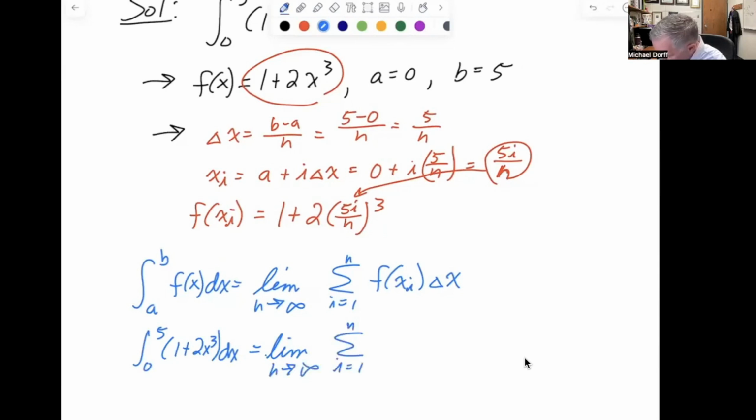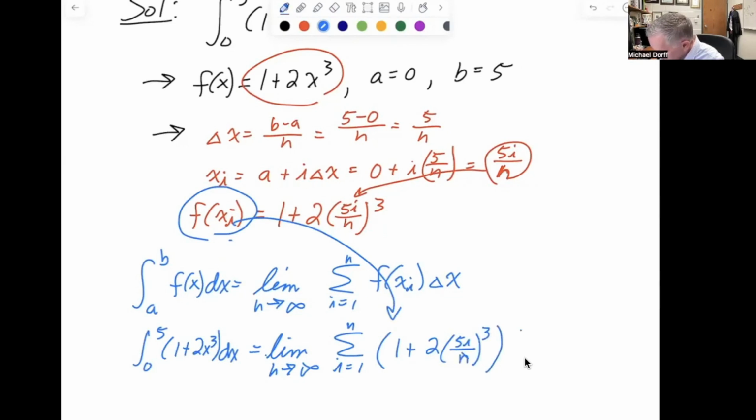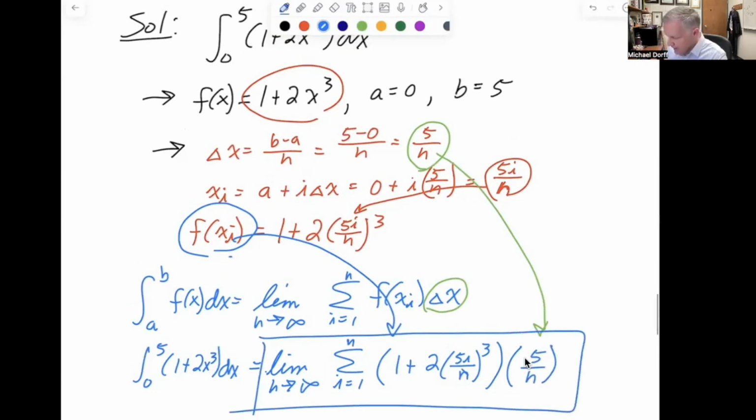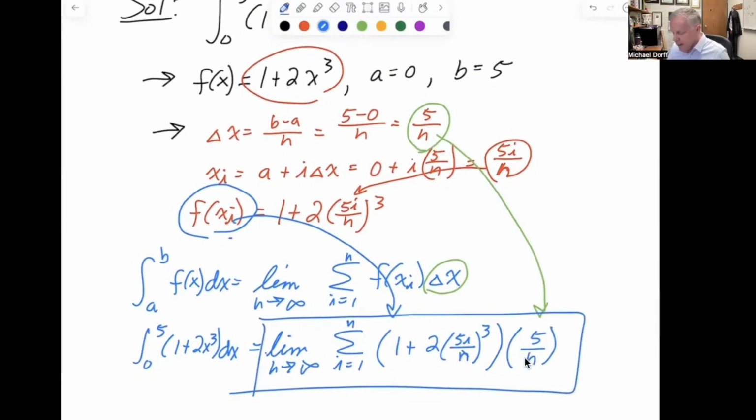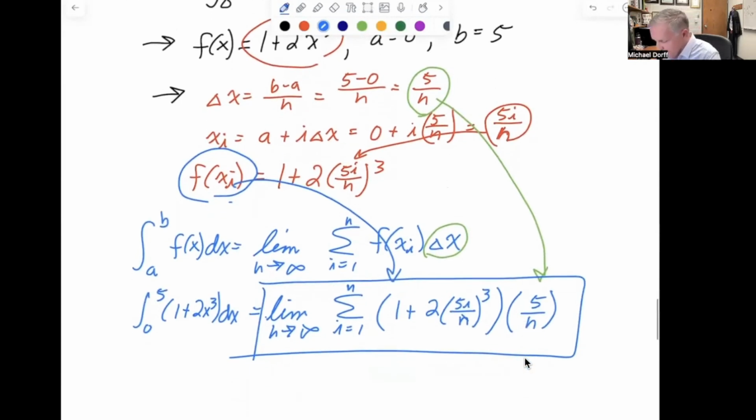And now I'm going to put in my f of x sub i. So I'm going to have 1 plus 2, 5i over n cubed. And then it's all times this delta x. And delta x was this. So I'm going to put this in right here and get 5 over n. So there is my answer. And that then shows the connection between the integral and the limit of the Riemann sums.